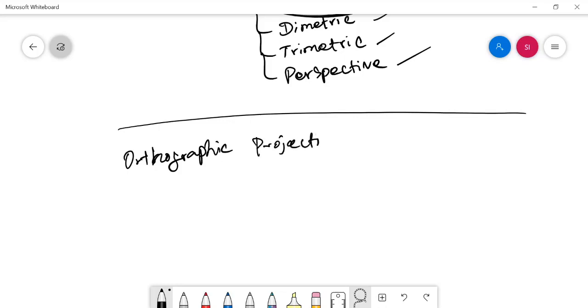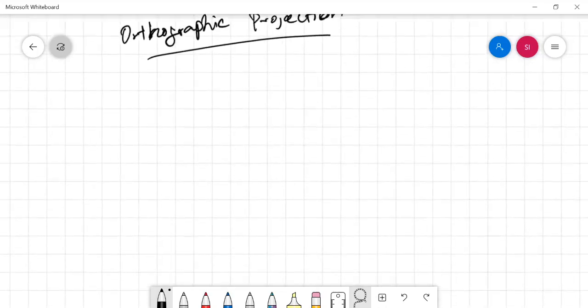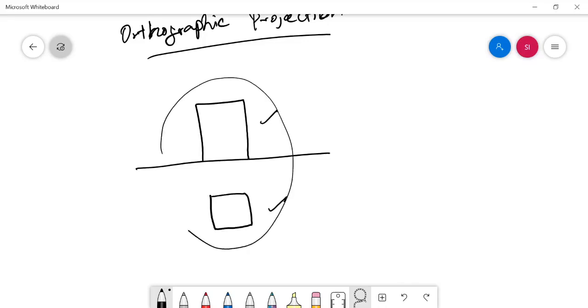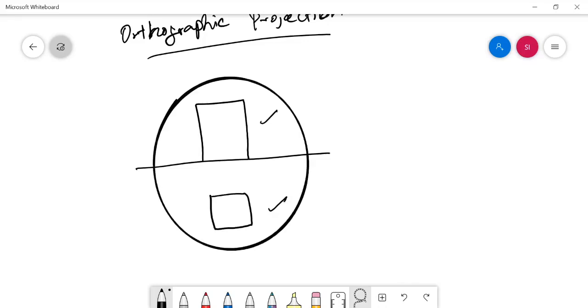For example, by using the horizontal plane and vertical plane, we developed the front view and top view of the object. By jointly thinking of the front and top views, we can recognize the object. For example, this object can be recognized as a square prism.